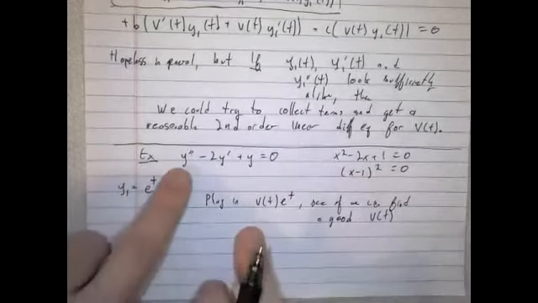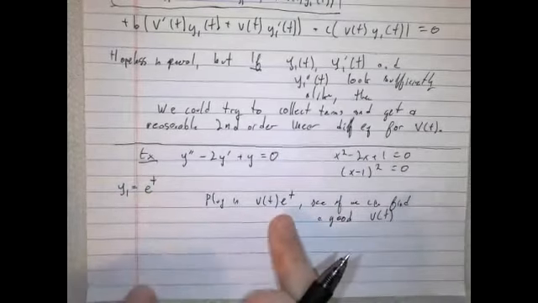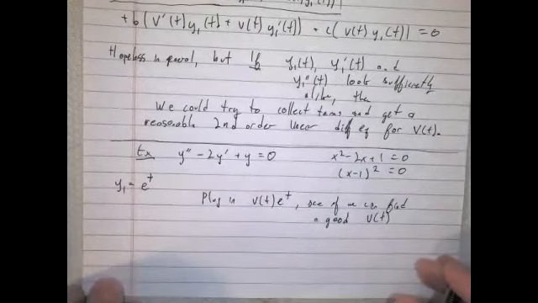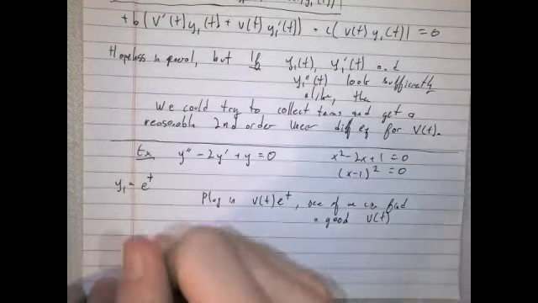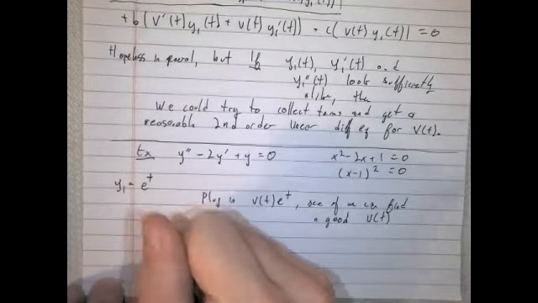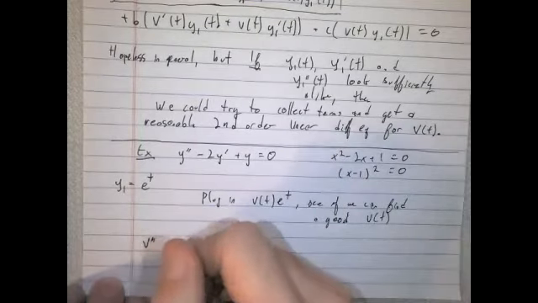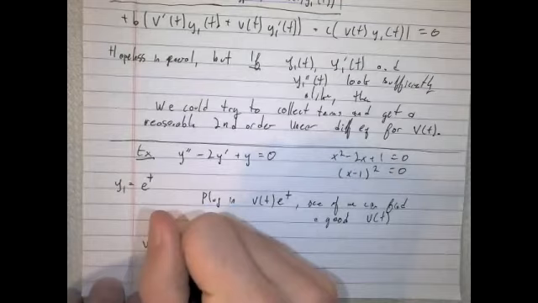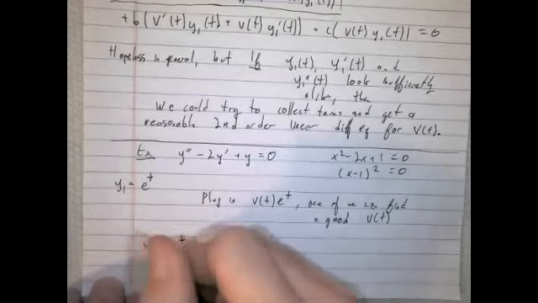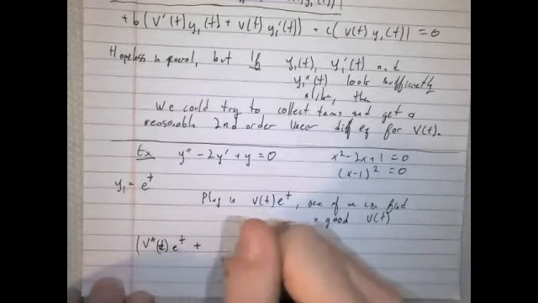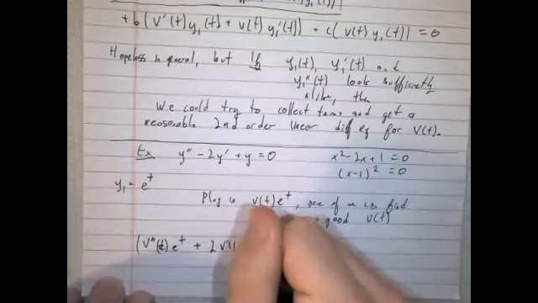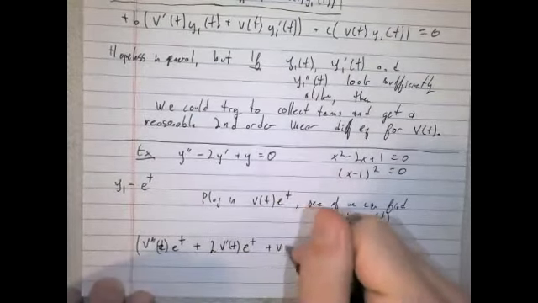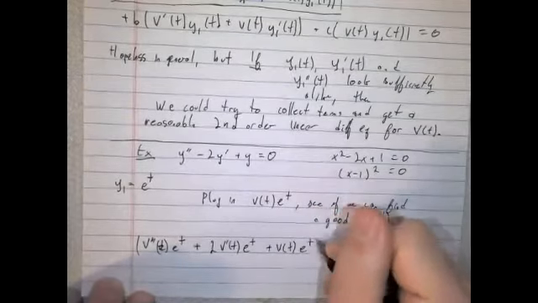So in this case, what is the second derivative of this function? It's going to be a little long, so I'll just write it really quick. It will be v double prime of t times e to the t plus 2 v prime of t e to the t plus v of t e to the t.